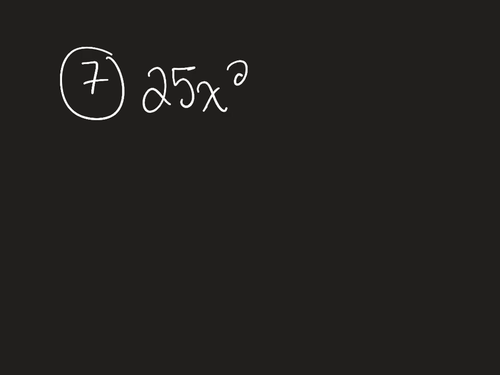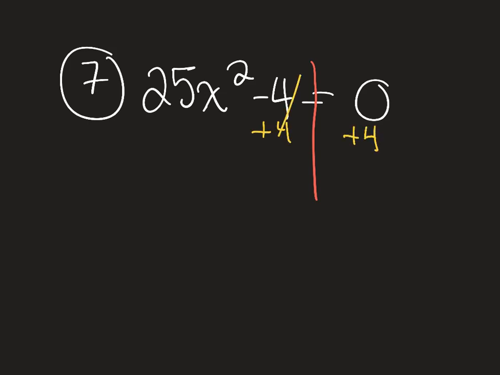Number 7. So number 7 and 8 are going to combine 2 steps. I have to get the x squared alone. So the first thing I have to do is add the 4 over on both sides. So I now have 25x squared equals 0 plus 4 is 4.